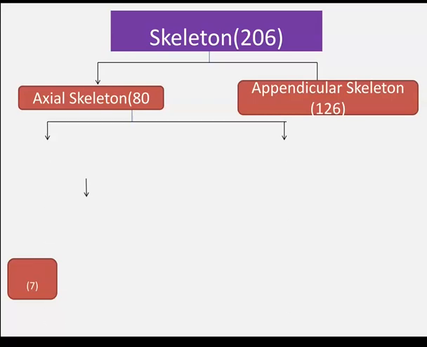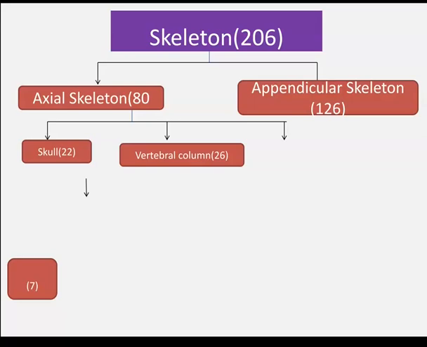Axial skeleton may be further divided into three parts, that is skull, vertebral column and thoracic cage. The skull includes 22 bones, vertebral column includes 26 bones, and thoracic cage includes 25 bones.